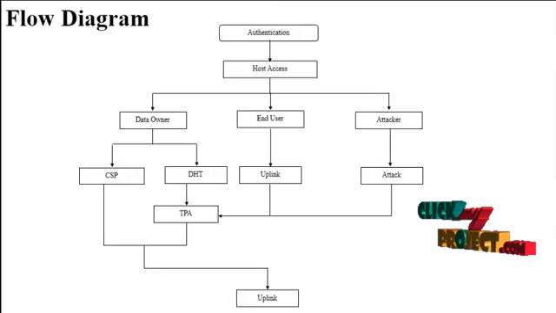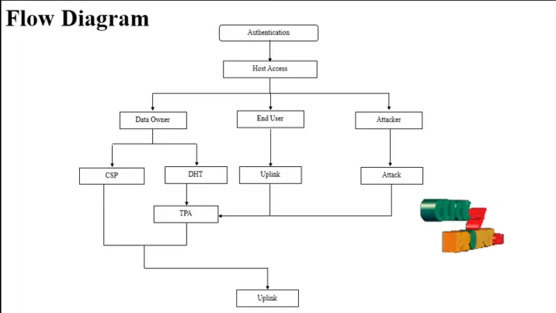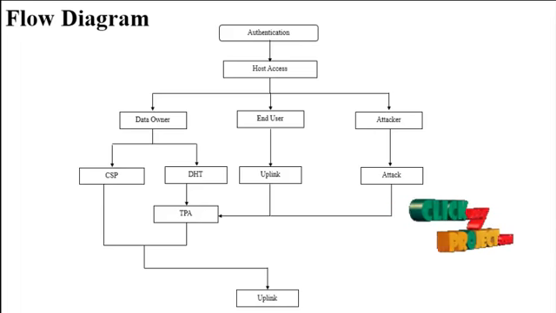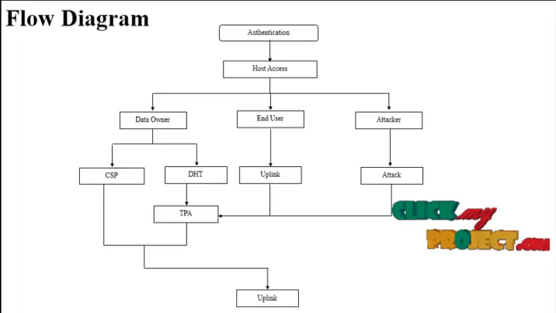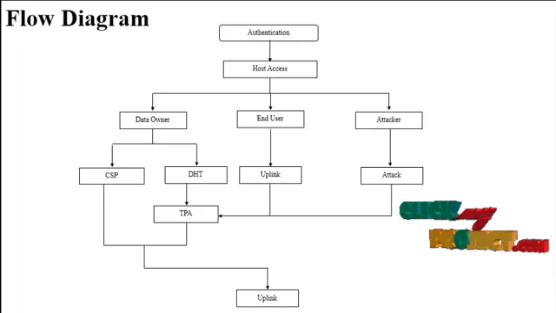Flow diagram. Initially, the authentication module will be there. If the authentication is correct or validated, the other services will be continued. Okay, the host access. Here, the end user can upload or download the files.